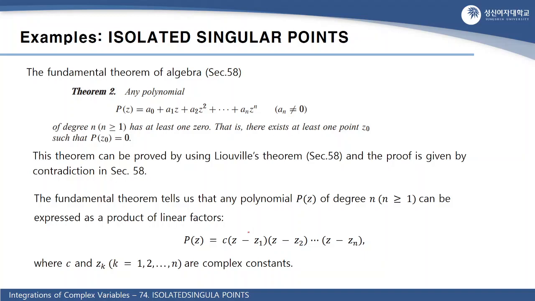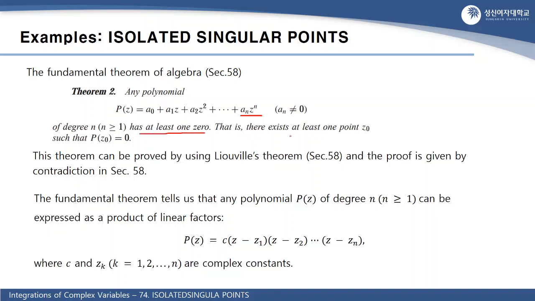The fundamental theorem of algebra in section 58 says here, any polynomial p of z is equal to a0 plus a1z plus a2z squared plus ... plus an z to the n, where an is not equal to 0, which means that it has degree n. Here we assume that n is greater than or equal to 1, has at least 1 zero.